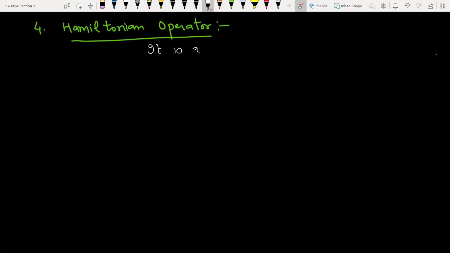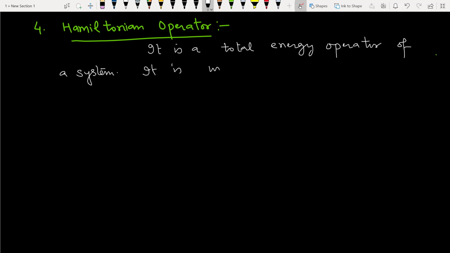It is the total energy operator of a system, written with the letter H. So H is the total energy operator, the sum of kinetic energy and potential energy. So it will be P square by 2m plus V.